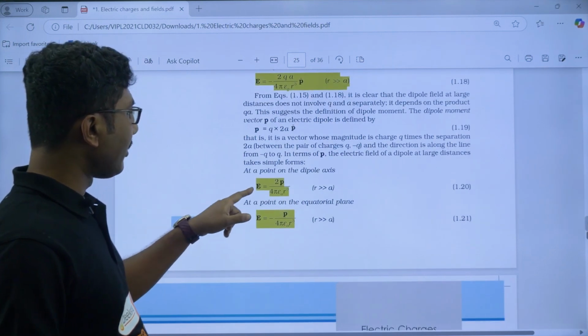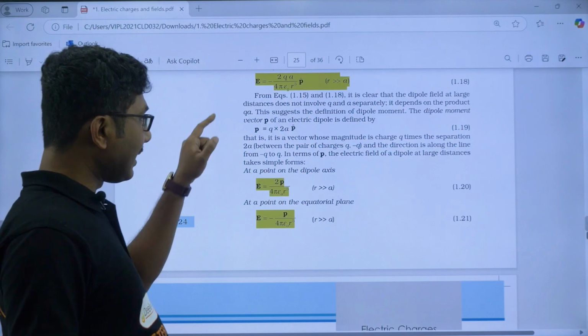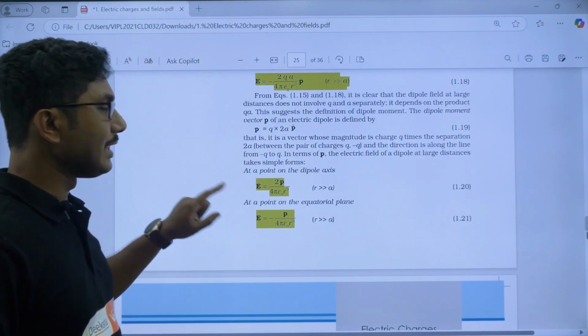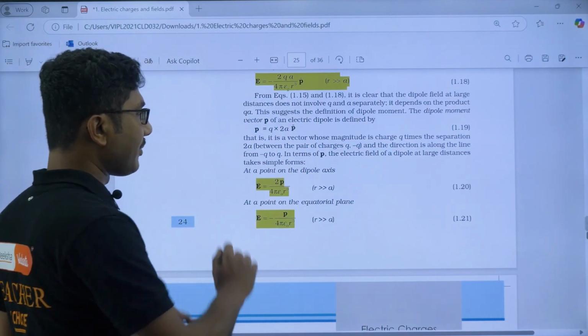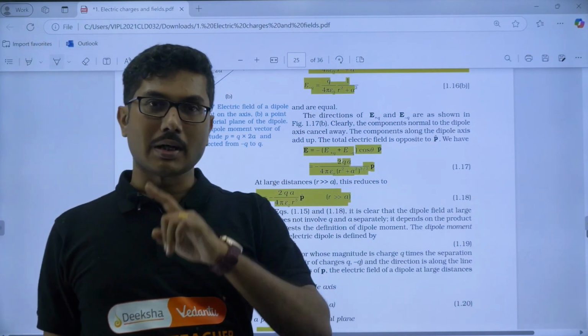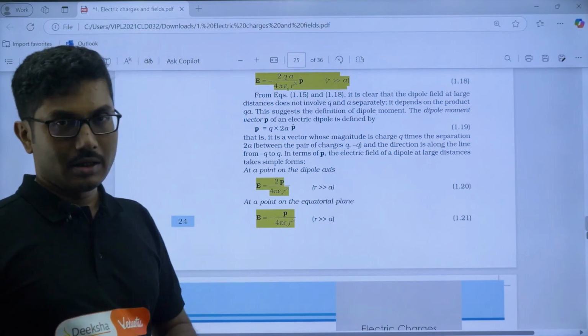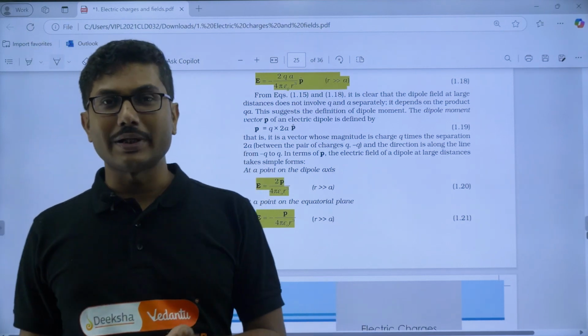So this is the final answer. You have to remember it; if you leave the answer here, the teacher will deduct 1 mark, because in the textbook they have done this together at the end. And why have they done this together at the end?